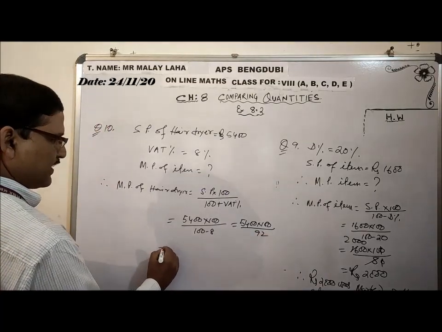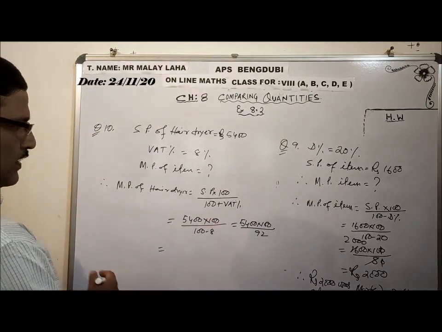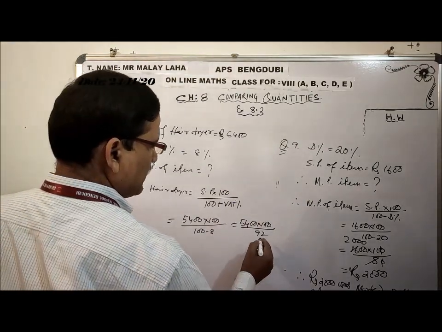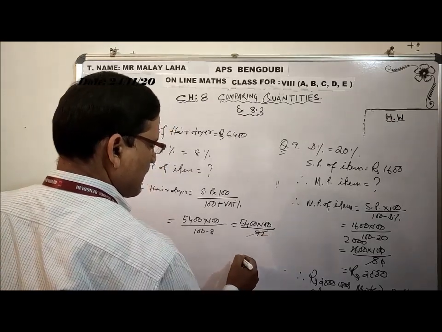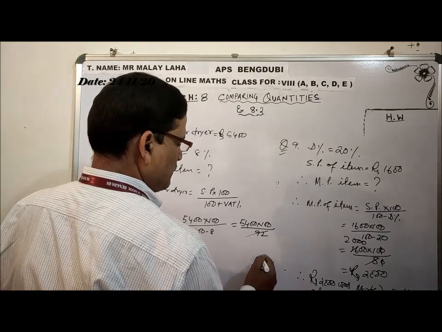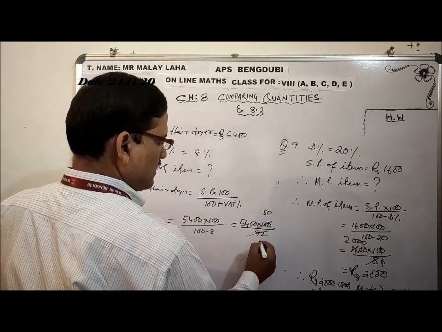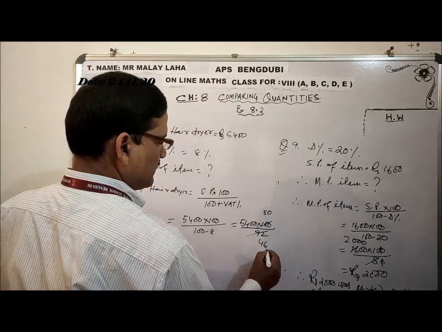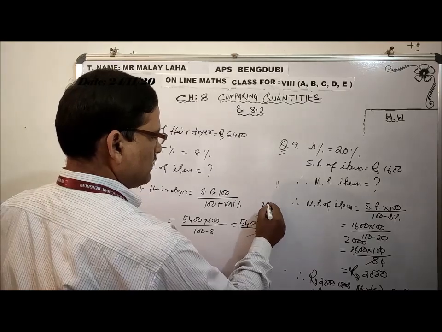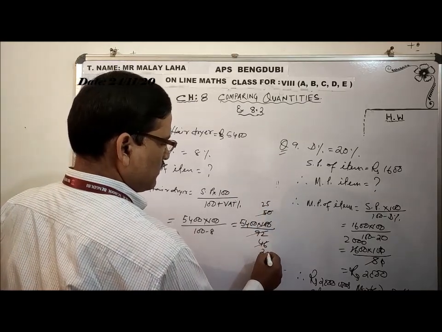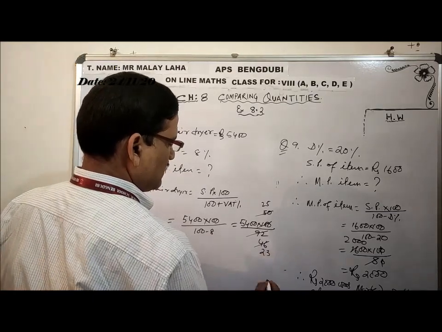After that, we will be getting what? After cancelling everything, so if we cut it by what? 108 and this 100, it will be 50 and 108 will be 54. Okay, 54 to the, now again if you cut it by 54, 5,400 by 54.